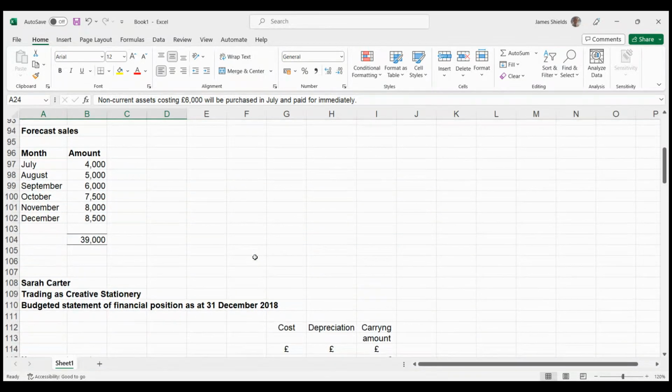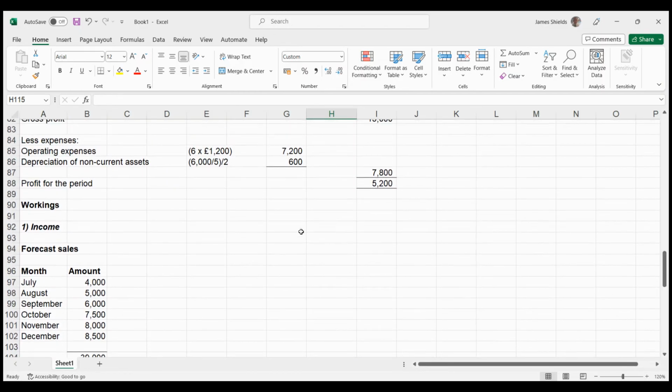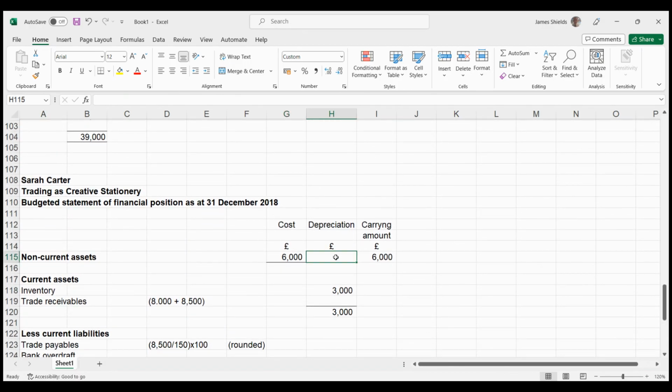So in my cost column, I put down £6,000. Depreciation, we just worked out. Now there's no depreciation from the previous period because it's only just started in business. The depreciation for the first 6 months is £600. So that's my accumulated depreciation, £600. So the carrying amount is your cost, take away depreciation, gives me £5,400.